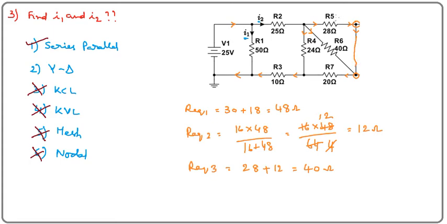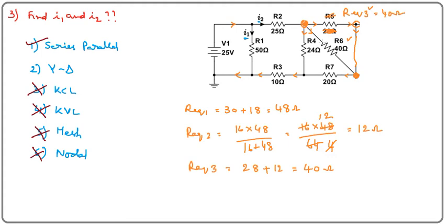So now R5 will be my R equivalent 3, which is equal to 40 ohm. Now if you can see, this 40 ohm resistor R6 and R equivalent 3 are in parallel, because the current is dividing at this point and adding at this point.